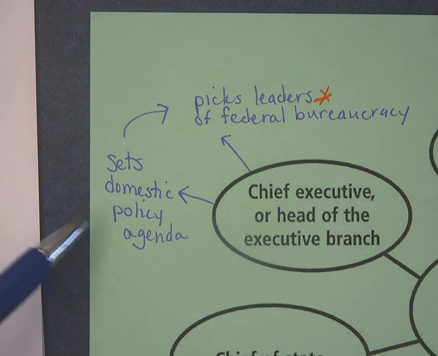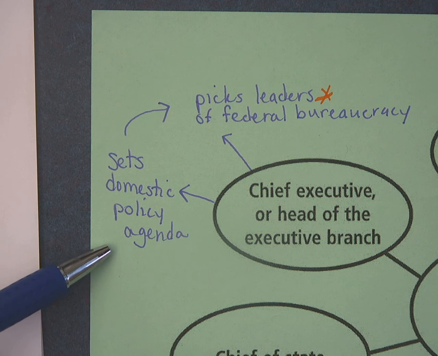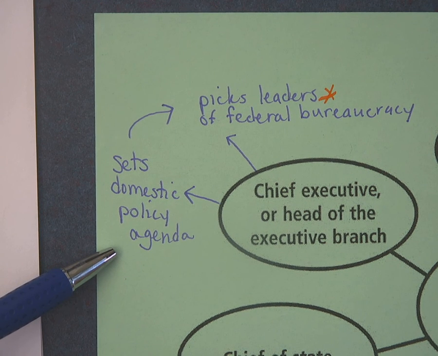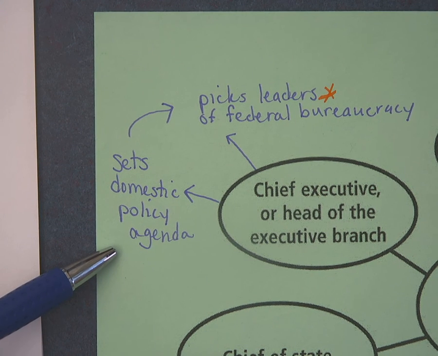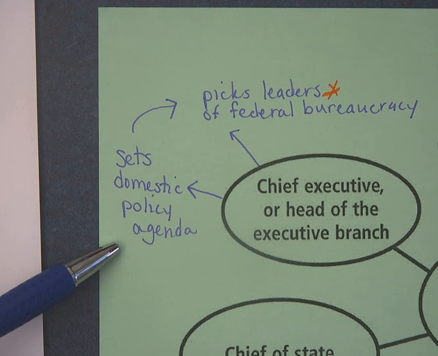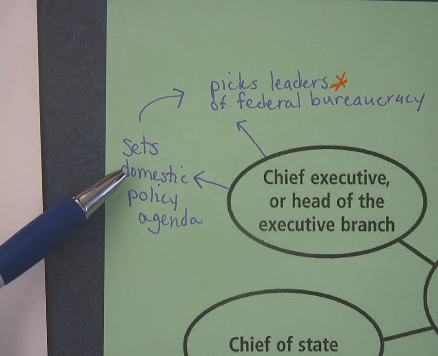He also sets domestic policy agenda. So Biden has come out that his number one domestic policy agenda is COVID. You would remember possibly from 4 years ago that Trump's primary first domestic policy agenda was to build the wall between Mexico and the United States and to limit immigration. So domestic means in our country.